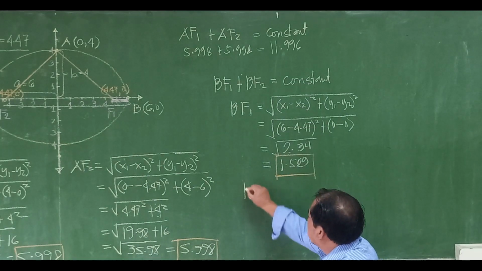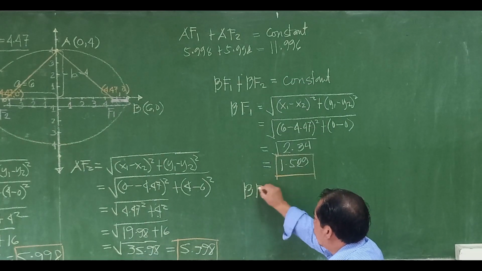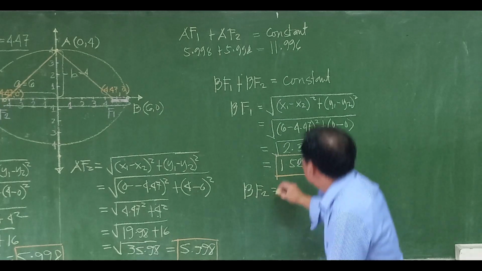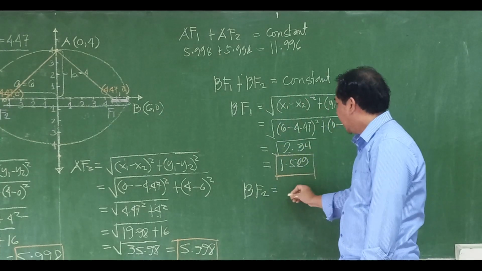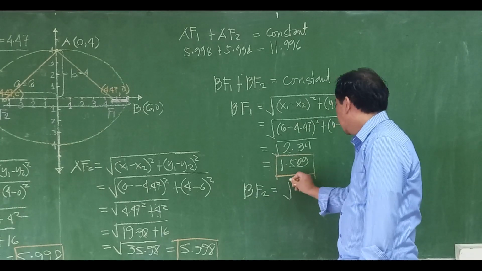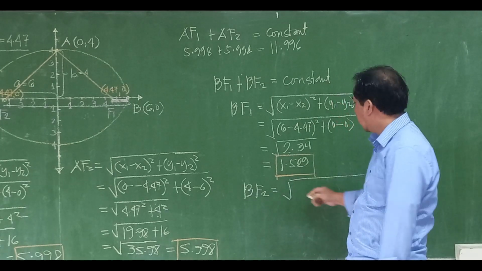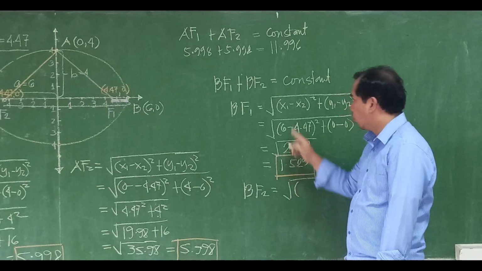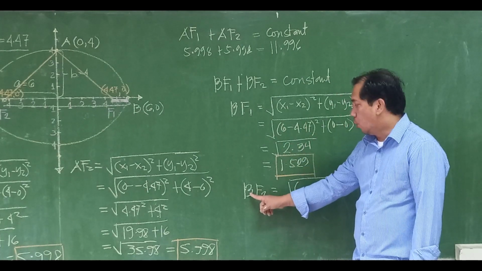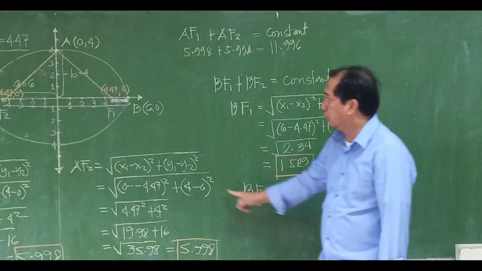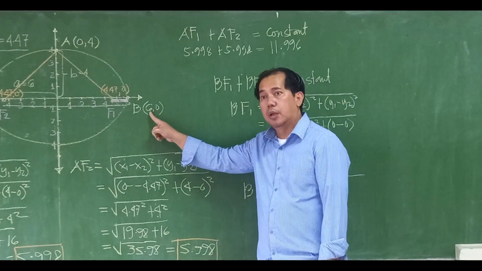Now, what about the distance of point B to focus 2? Now we follow the same working equation. May I immediately substitute into the working equation? What's the value of x in point B?